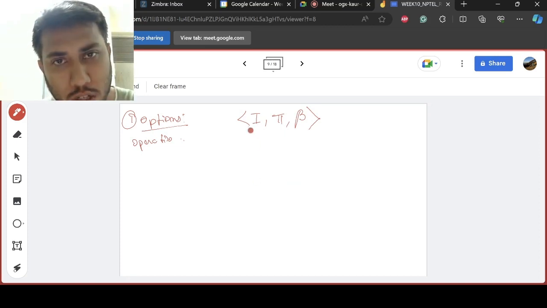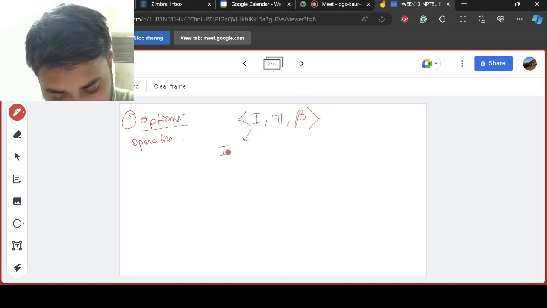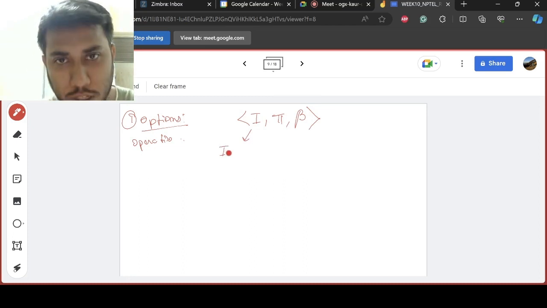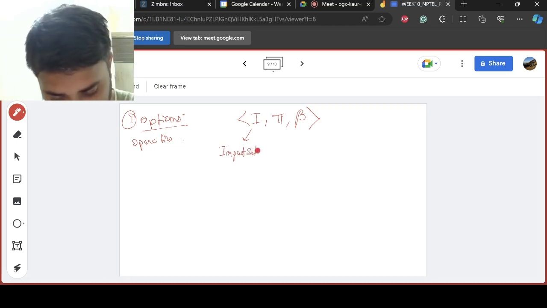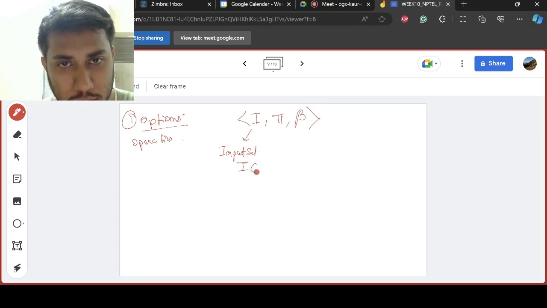So I is basically your initial state, input set. So I is a subset of S, the total S space.